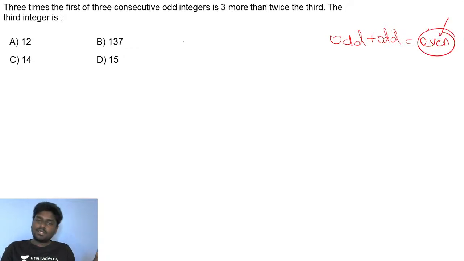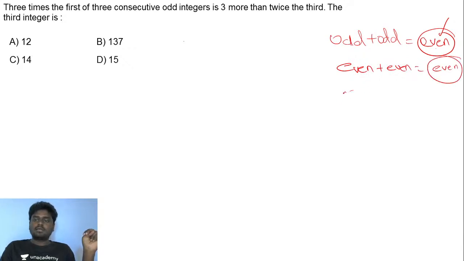That is, if you add 2 odd numbers, you'll get an even number. In the same way, even plus even will again give you even. But if you want an odd number again, you need to add odd plus even such that you get an odd again.